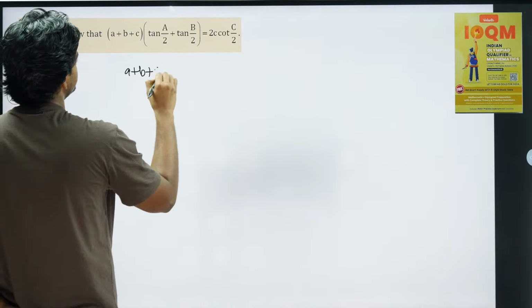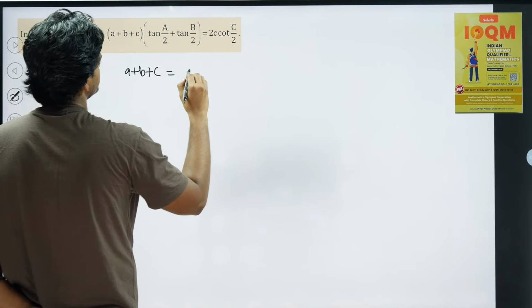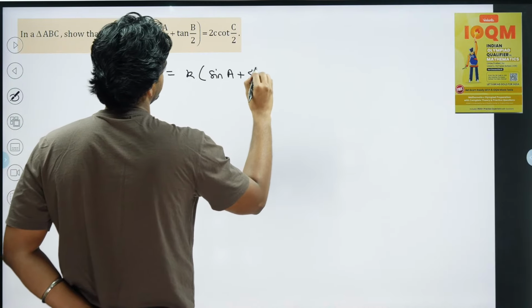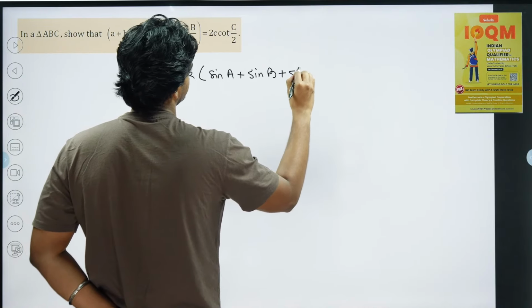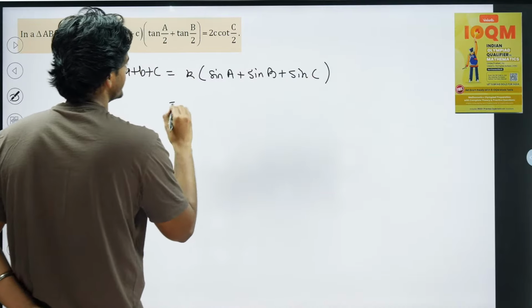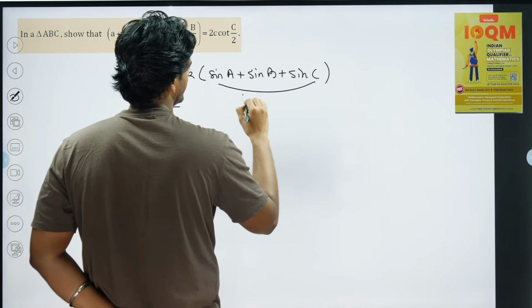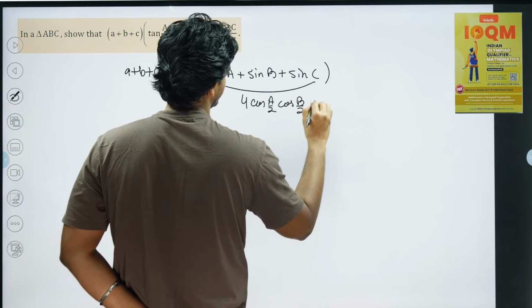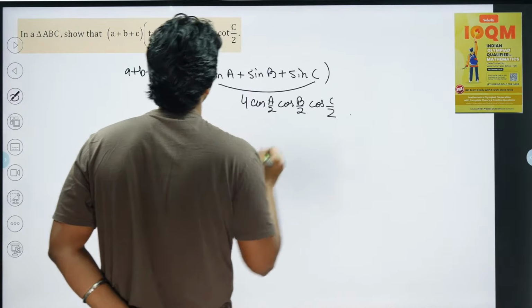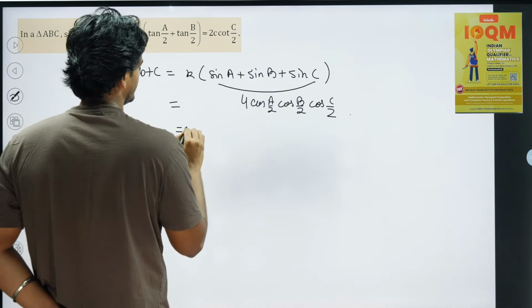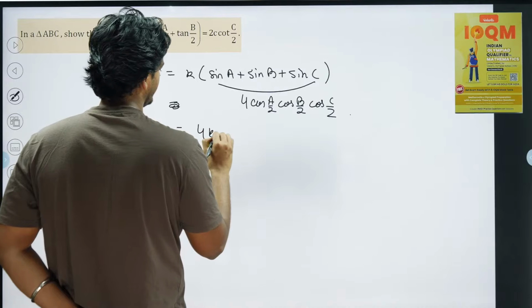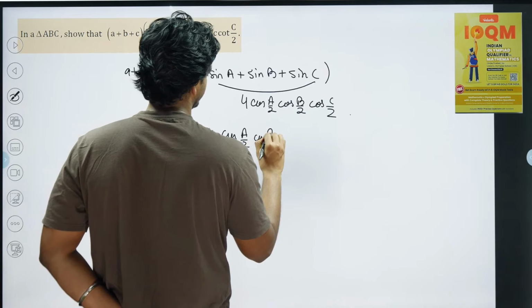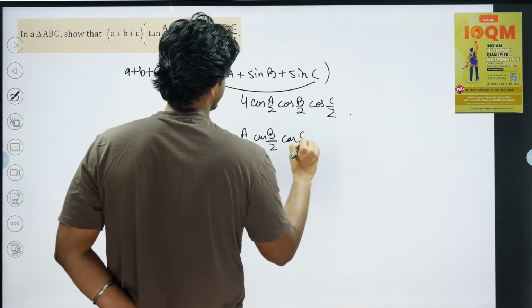a + b + c is k(sin A + sin B + sin C). And we saw that this is 4 cos A/2 cos B/2 cos C/2. So this will be 4k cos A/2 cos B/2 cos C/2.